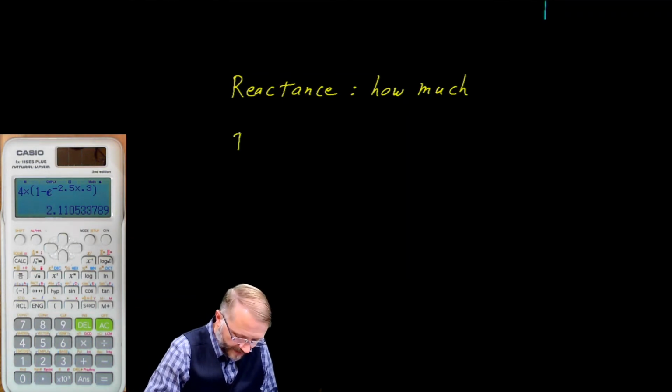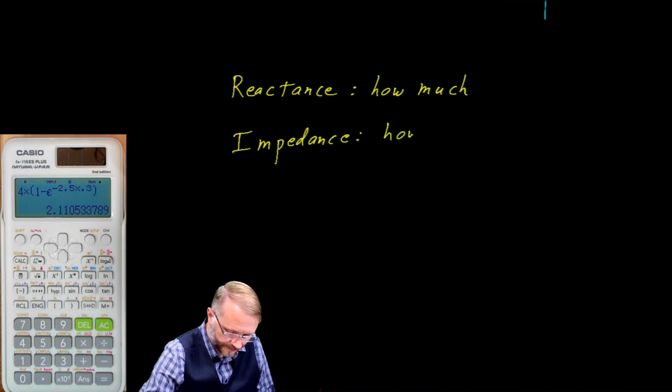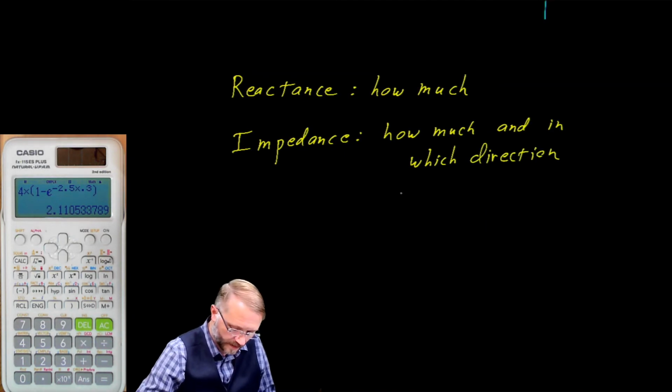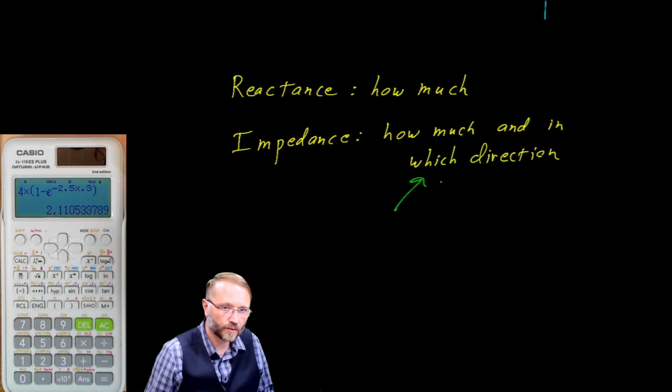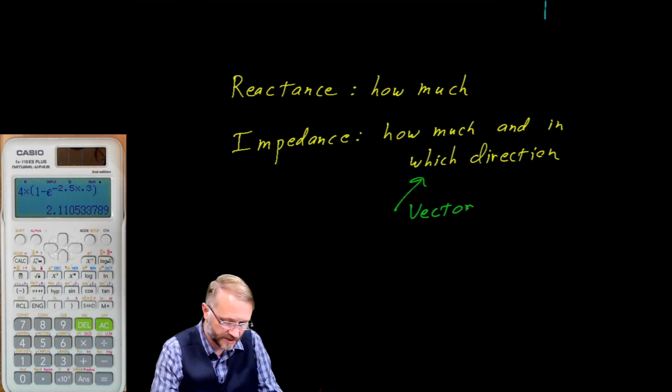And then we have the word impedance. That's a little more interesting because it tells us how much and in which direction. And by now you might be thinking, oh, impedance must be a vector. How much and in which direction?